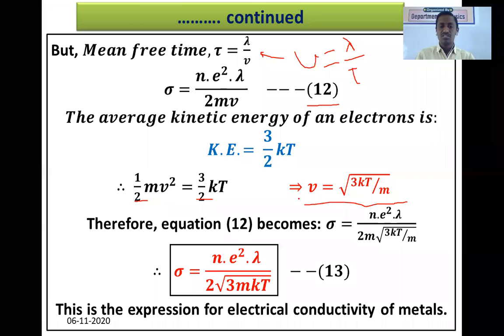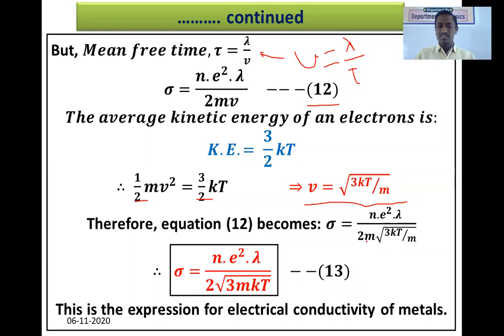Now substitute this value of v in equation 12. It equals n e square lambda upon 2m as it is from equation 12, and in place of v we substitute under root of 3kT upon m. Again send the m inside the square root, it becomes m square.